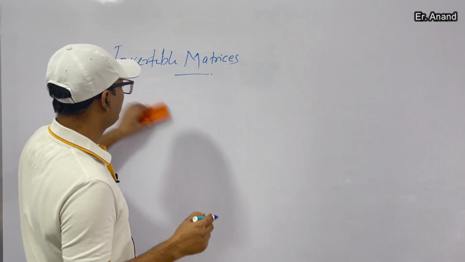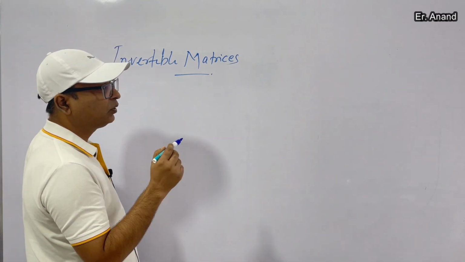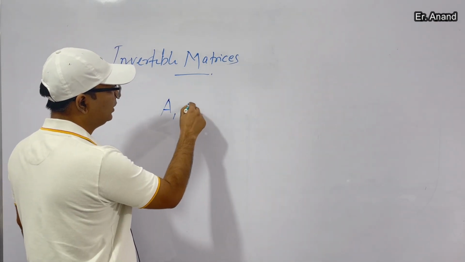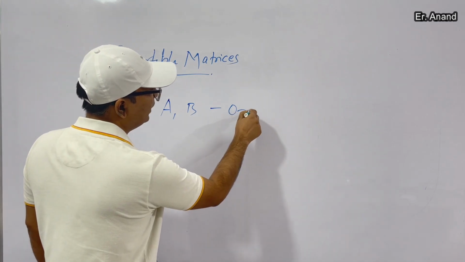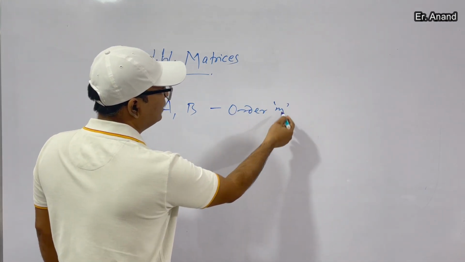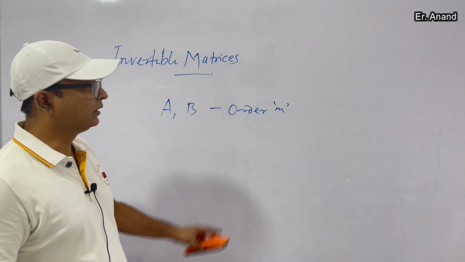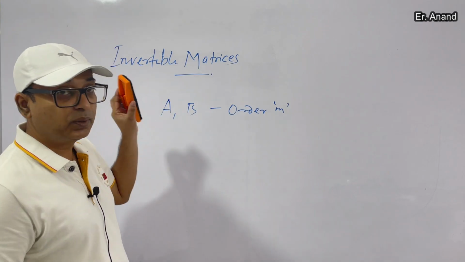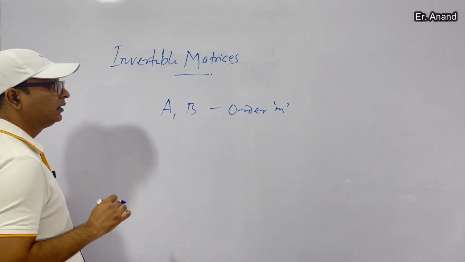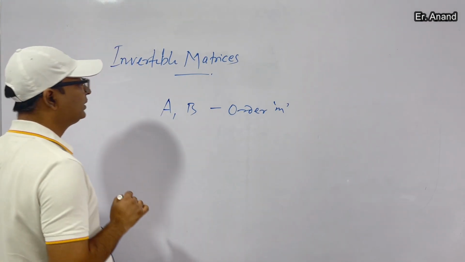Similarly, if A and B are two matrices of order m, this means the order is not m cross n, it's m, so these two are square matrices. This is applicable to square matrices only.